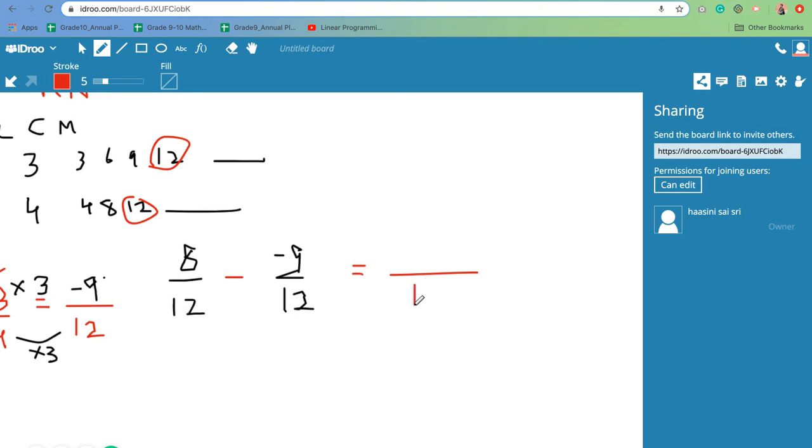So denominator I'm writing 12 only, but numerator will be 8 minus, so I wrote this, now I have to write this, minus 9. So this will become 8, negative negative becomes its additive inverse, plus 9 upon 12. So the final answer is going to be 17 upon 12.